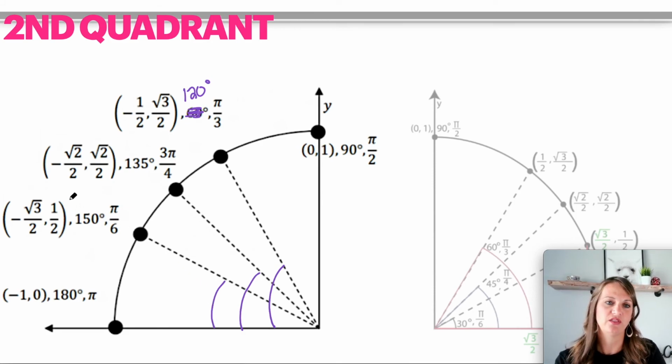That is why those coordinate points are the exact same coordinate points as quadrant 1, except the x's are negative. Why are the x's negative? Because you had to go left on the coordinate plane before you moved up.